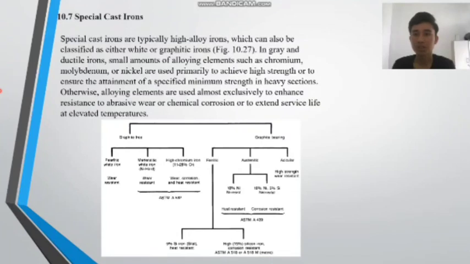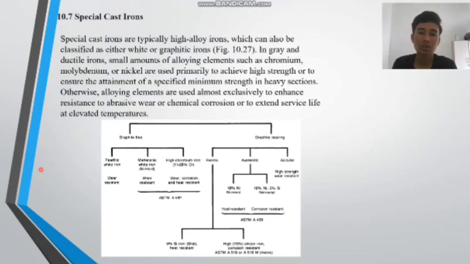10.7 Special cast irons. Special cast irons are typically high alloy irons, which can also be classified as either white or graphite irons. Figure 10.27. In gray and ductile irons, small amounts of alloying elements such as chromium, molybdenum, or nickel are used primarily to achieve high strength or to ensure the attainment of a specific minimum strength in heavy sections.